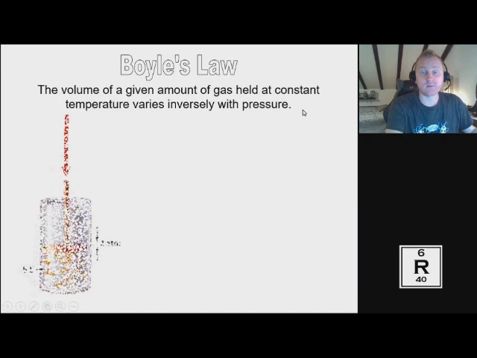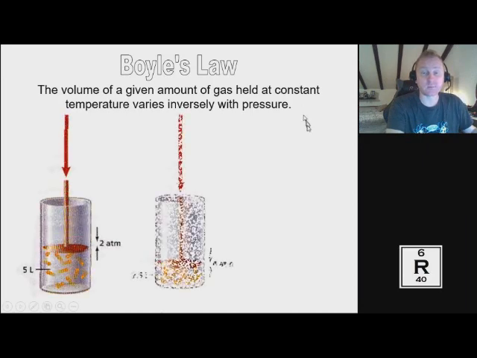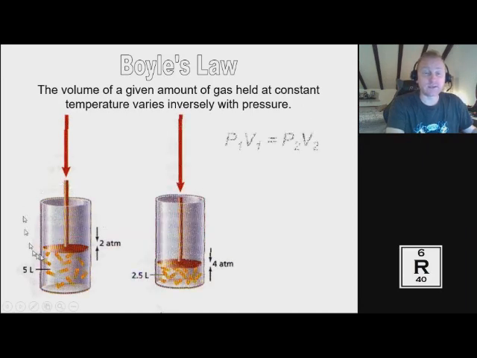So let me give you a little illustration here. If there is an airtight cylinder, and we're going to say it's 5 liters, and inside it has an internal pressure of 2 atmospheres. If we add some force here, if we push down on the cylinder and decrease the volume, we're going to say to 2.5 liters, the pressure inside increases to 4 atmospheres.